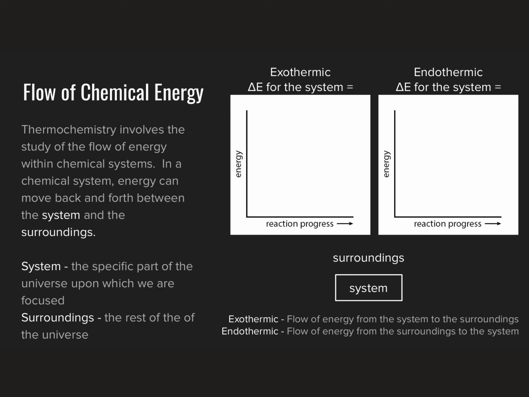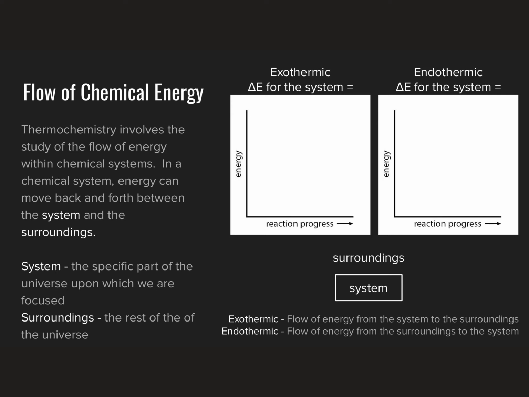So now we see that there are multiple different ways you can transfer energy within chemical systems. You can use a chemical system to do work, or you can do work on that chemical system, or you can see energy flow into or out of that system via the flow of energy as heat.